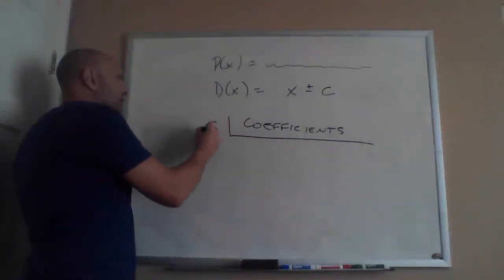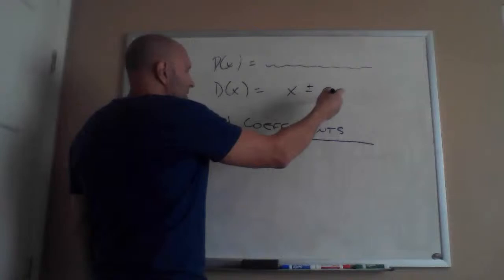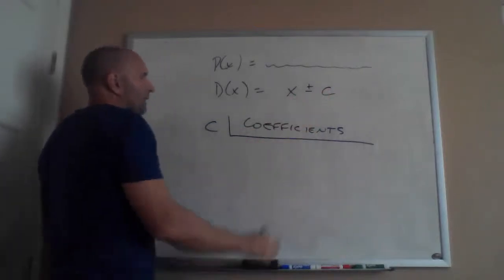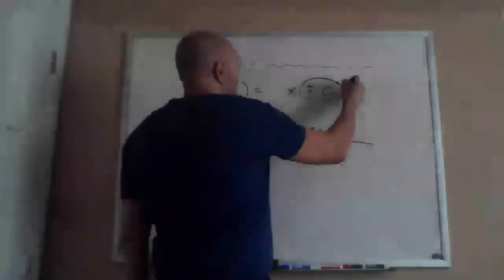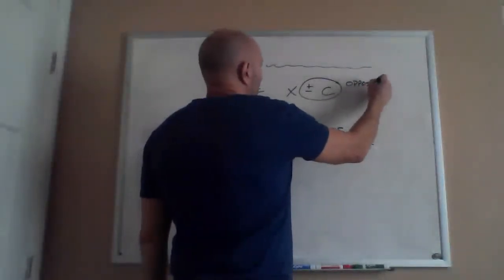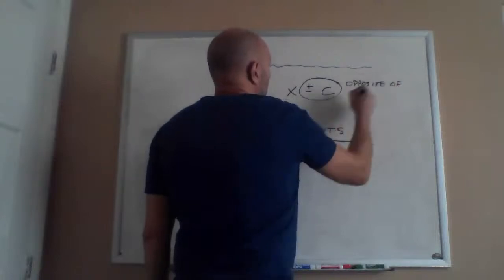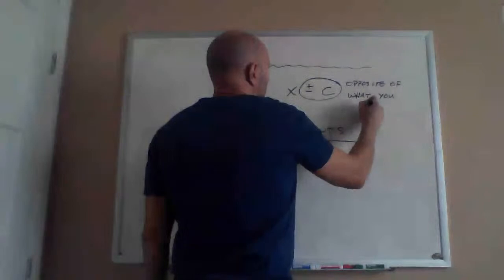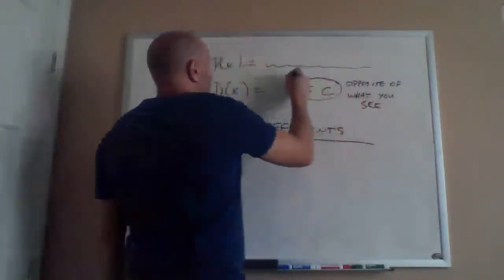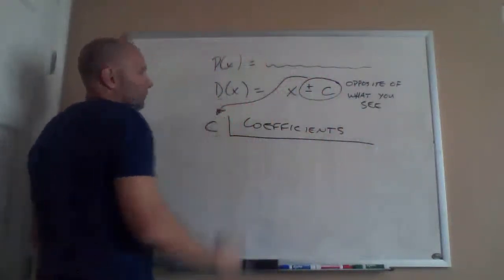Then in front here is my value of c. The easy way to remember this is that the opposite of what you see is the number that goes in the front.